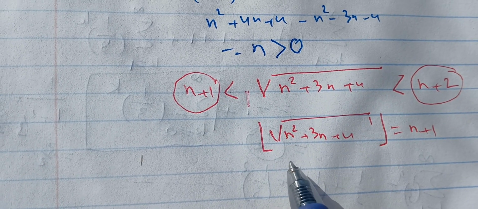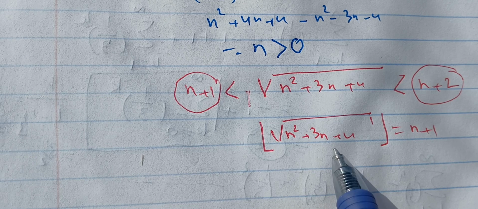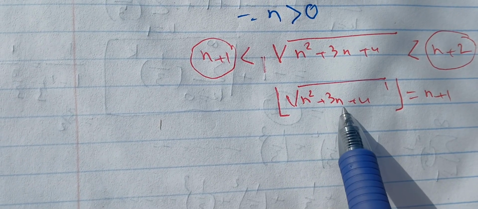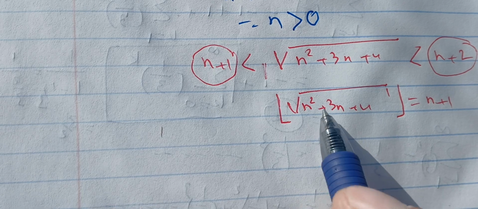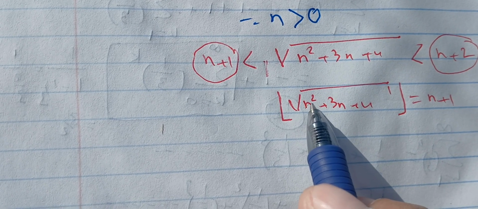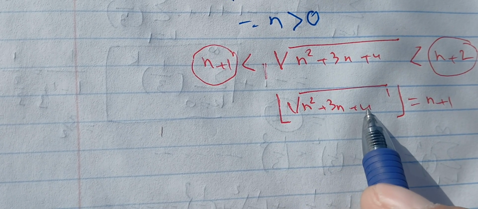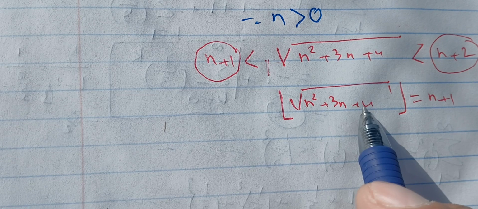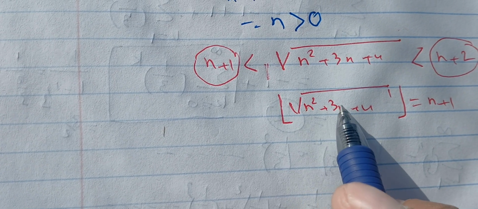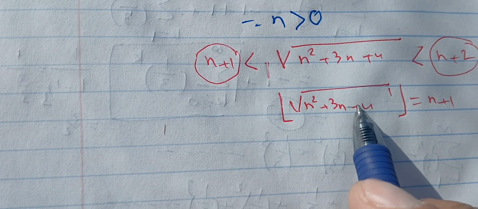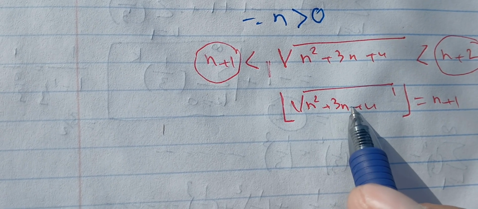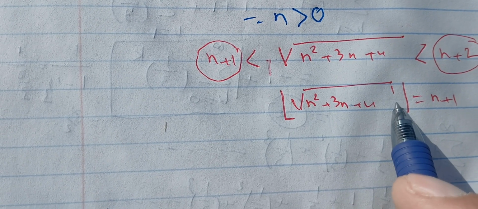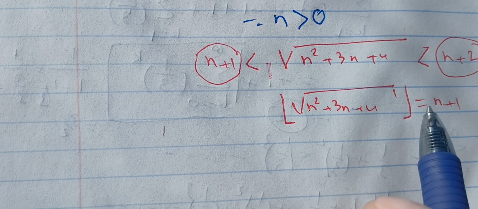When n is 0, we should get the square root of 4, which is 2, and the floor is 2.